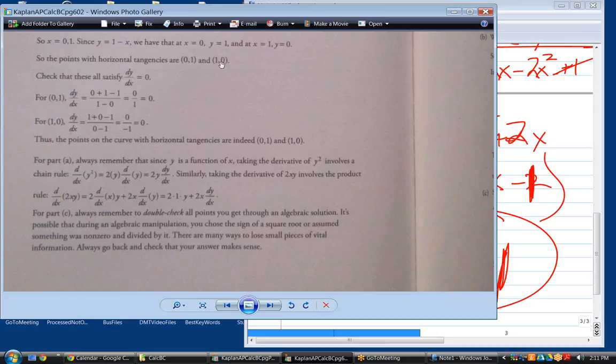And the second coordinate, where x was equal to 1, well, if x is equal to 1, y is equal to 0. Now, to get these points, they sub these back into the original? No, they sub them into this. In other words, where we have a horizontal tangent line, y has to be equal to 1 minus x at that point.